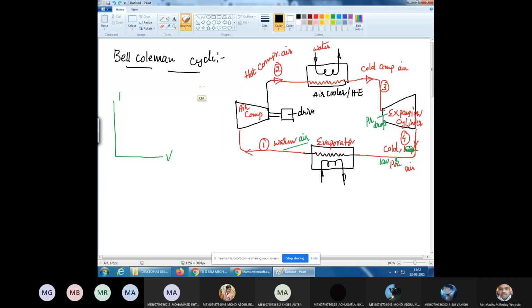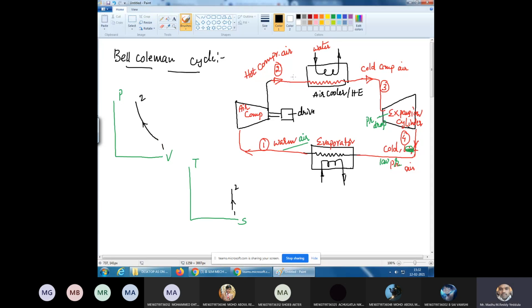Let me draw the TS diagram also in parallel so that it will become easy. In the TS diagram, I can draw a vertical line for 1 to 2. In the PV diagram, it is a curve, 1 to 2 compression.